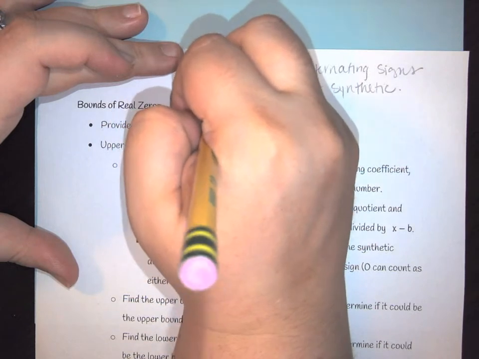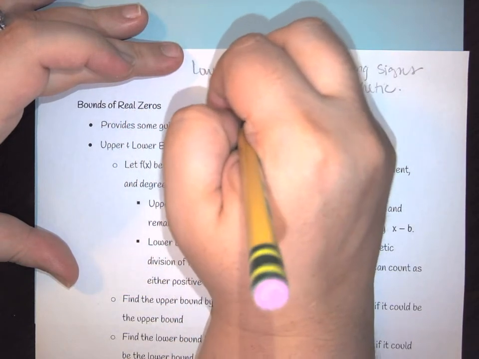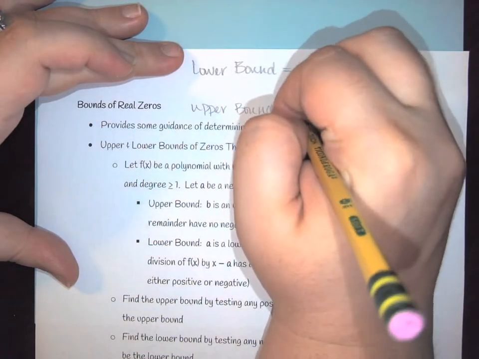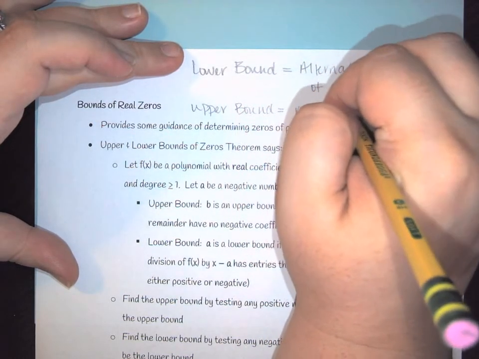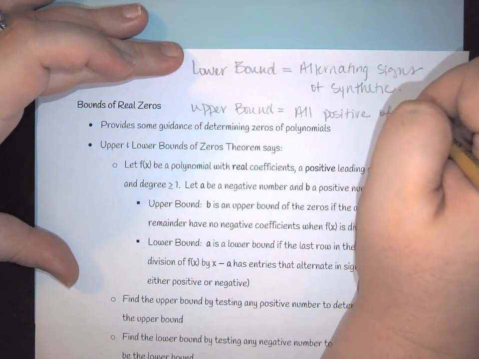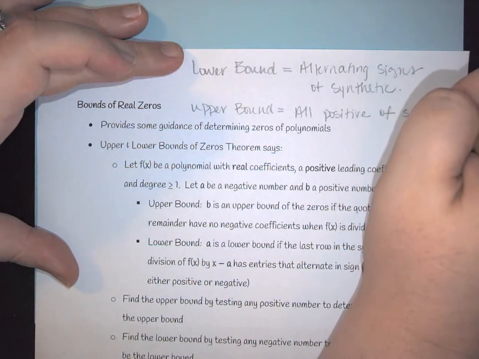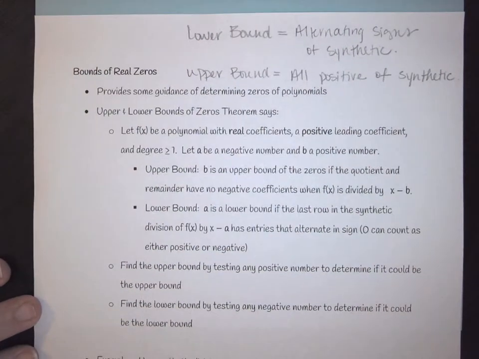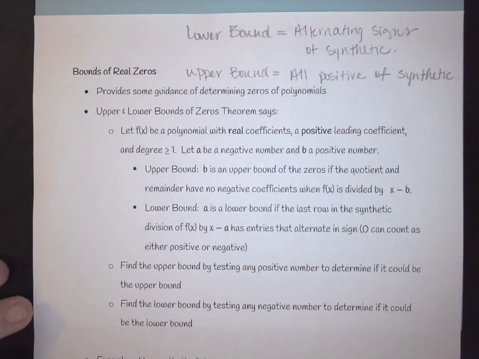When we're talking about your upper bound, we are talking about all positive of the synthetic. Now, looking at bounds, there's really the only way to show it is with an example.